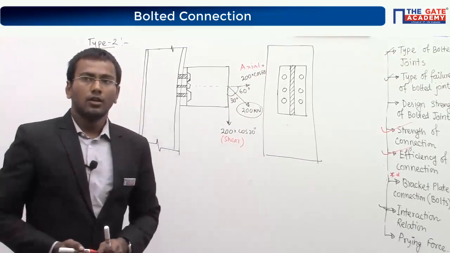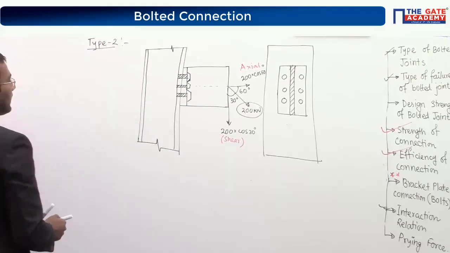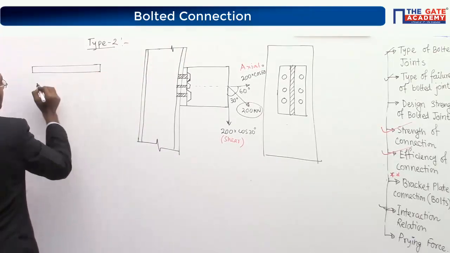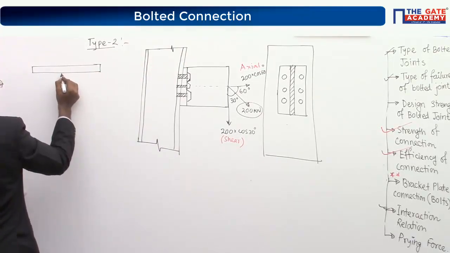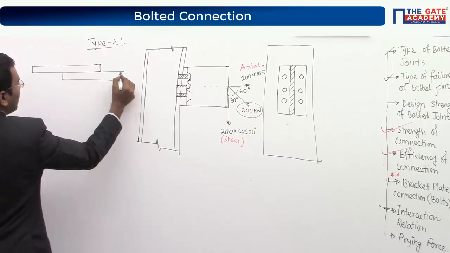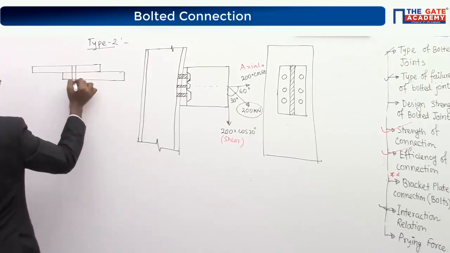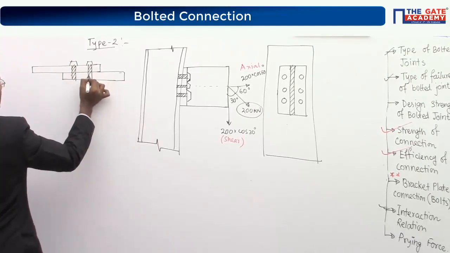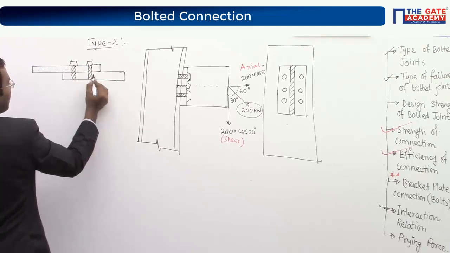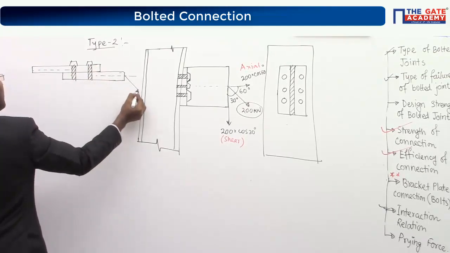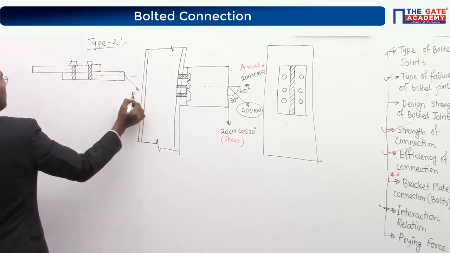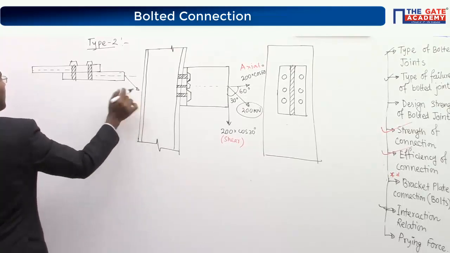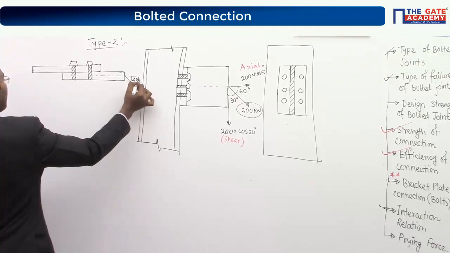Alright. Similarly, if I talk about any other diagram of a lap joint, I am considering a lap joint part. Suppose this is your given condition or concept of a lap joint. Two rows of bolts are present, this one and this one. This is the center line. You have applied a force P, or this load is acting at an angle of 45 degrees.